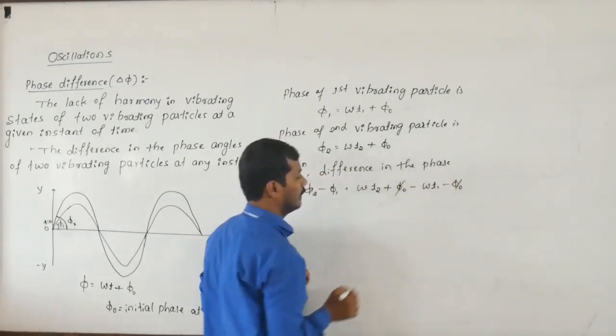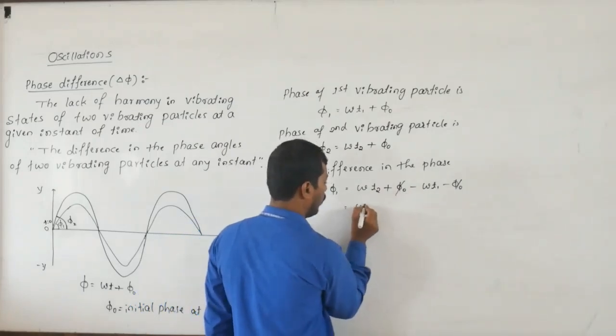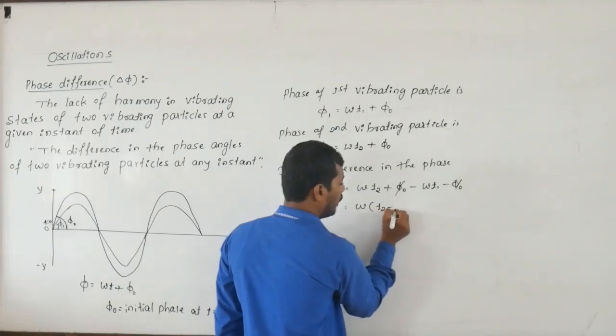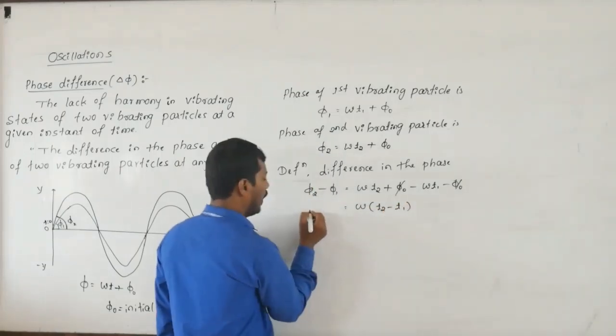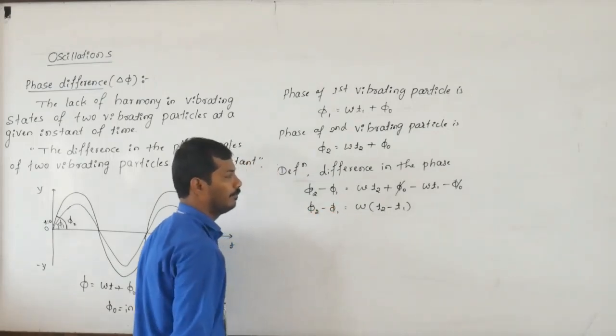These two get cancelled, and omega is common, so omega into (t2 minus t1) is phi 2 minus phi 1.